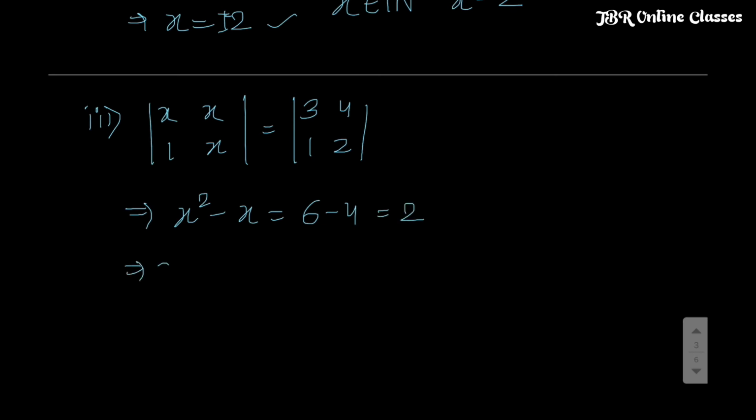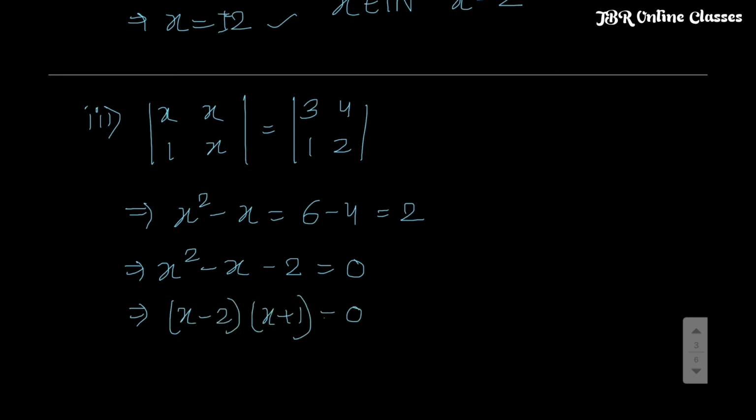So x square minus x minus 2 equals 0. By middle term factorization, it will be x minus 2 times x plus 1 equals 0. So from that, x equals 2 and x equals minus 1, but x is positive, so your answer will be x equals 2.